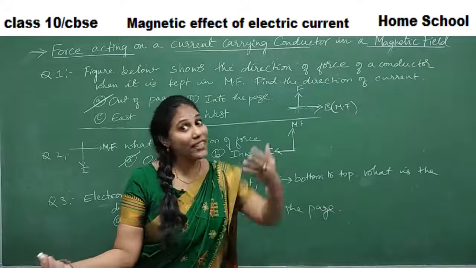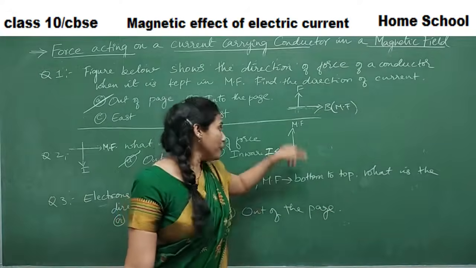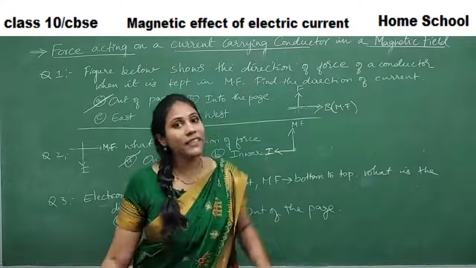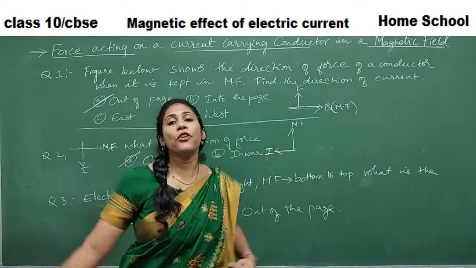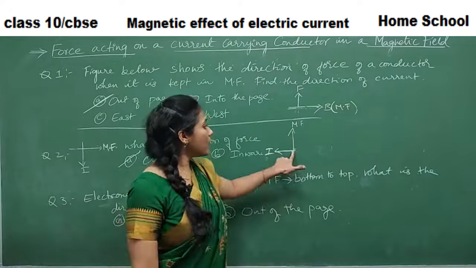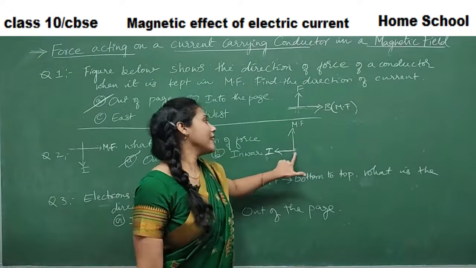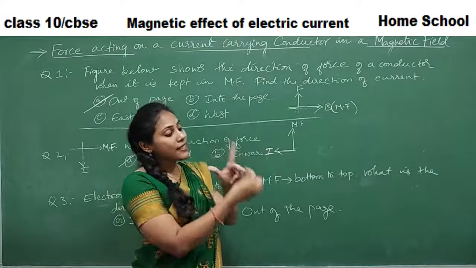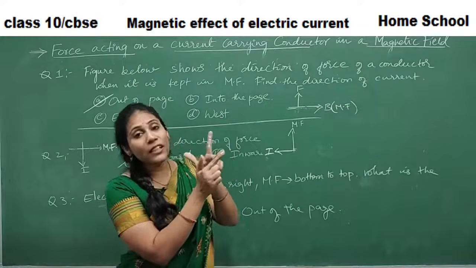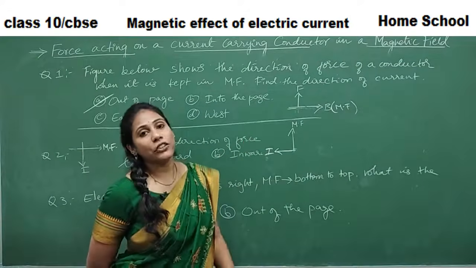We have to take conventional current, guys. During Fleming's time, only conventional current was there. So what is the direction of conventional current? Opposite to the flow of electrons. If the electrons are flowing from left to right, then our current is from right to left. This is the direction of current. You should consider the direction of current with the middle finger, not the direction of electrons.